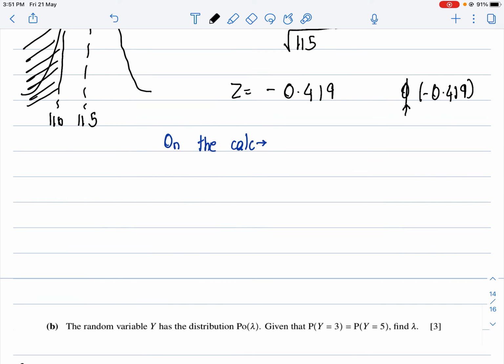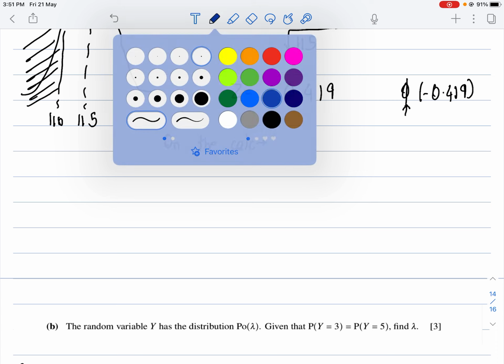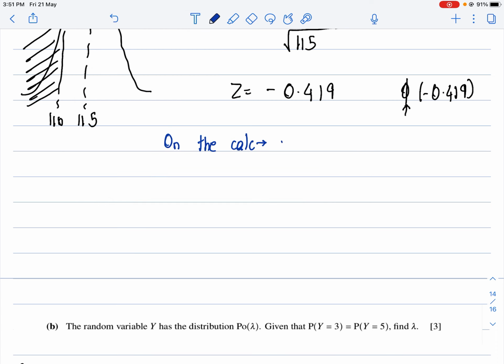So what I can do is on the calculator, I can simply go to the mode, then I can click on 3 where stat is written. Okay, then I can go to AC, then I can click on shift, then I can click on 1, then I can click on 5 where distribution is written.